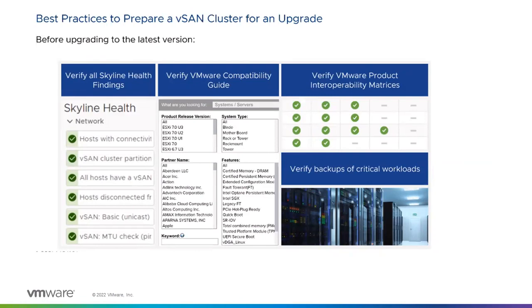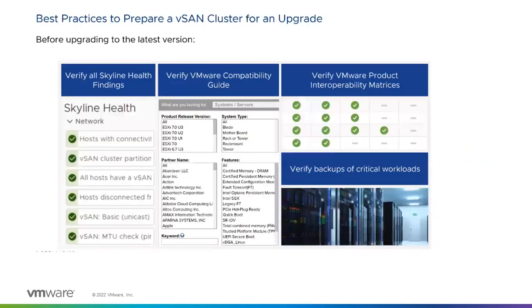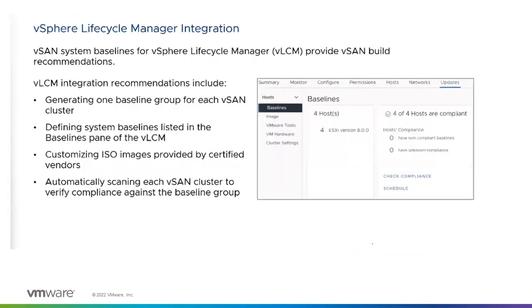He asked how you do the upgrades in a stretch cluster, in the witness situation. So witness upgrade is also mandatory. Otherwise, because of the version mismatch, I'll get a warning. So we have to do the witness host upgrade first and then the normal hosts. Yes, sir, that's the main prerequisite we should remember.